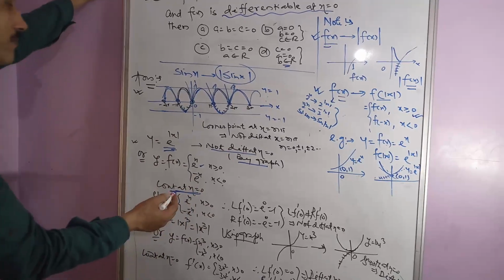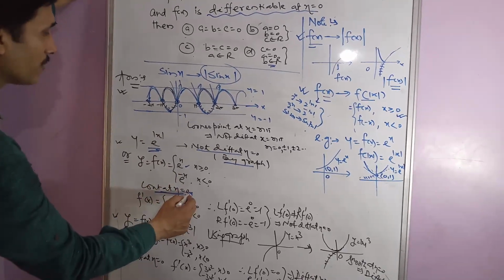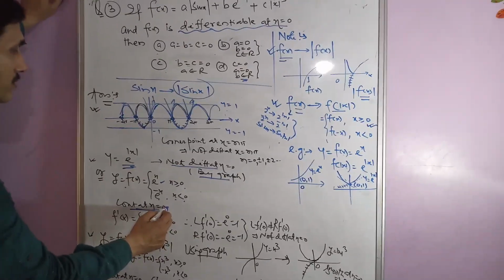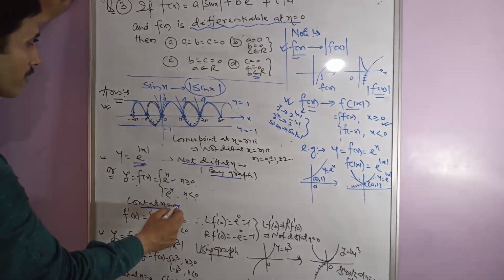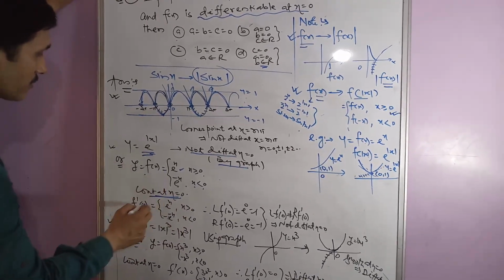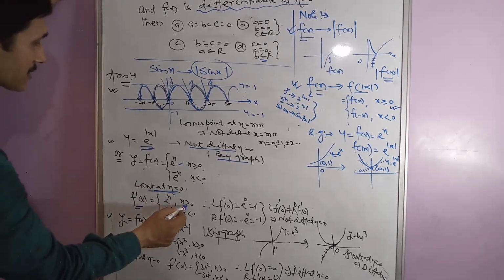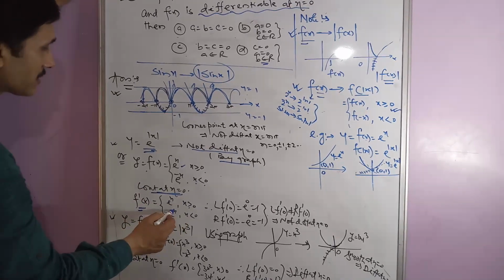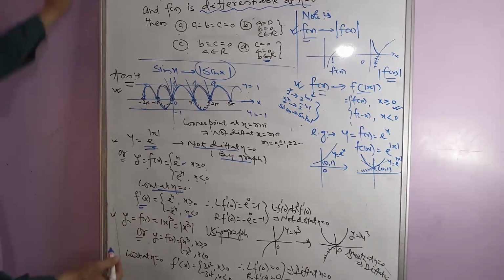We know that if a function is continuous at a point, it may be differentiable or not differentiable. So the shortcut method, by differentiating both sides: f'(x) = e^x for x > 0, and -e^(-x) for x < 0.